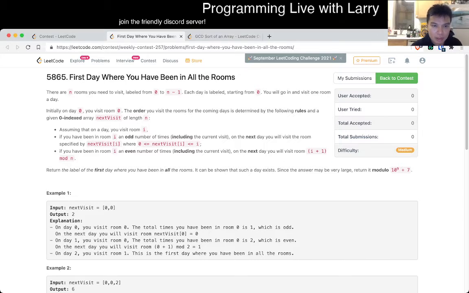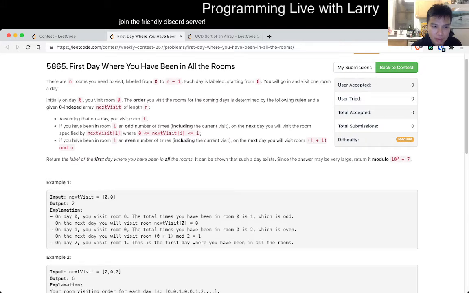Okay, so you start at 0, and then you go to the next visit of 0. I plus 1 mod n. Okay, so you just go to the next one if you've been in it an either number of times.